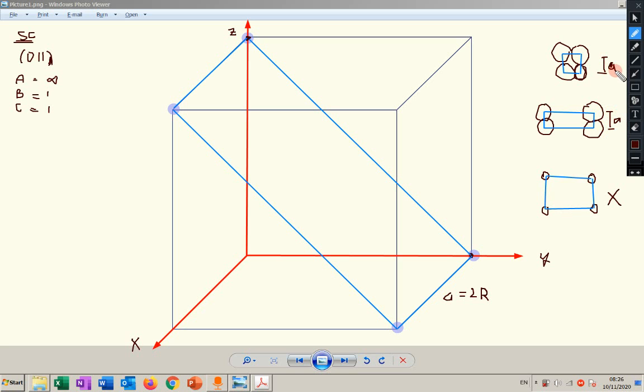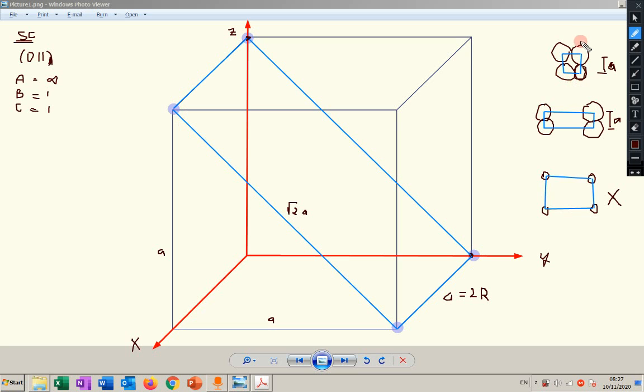Now, we'll check the other side. The length of this plane is not A, because this is A and this is A. So if I find this one, it will be root 2 A. Since it's root 2 A, it means that it's bigger than 2r. So this atom will not touch this atom here.